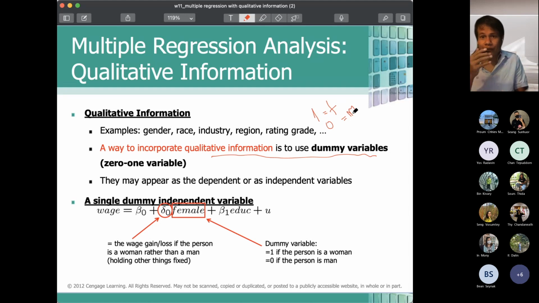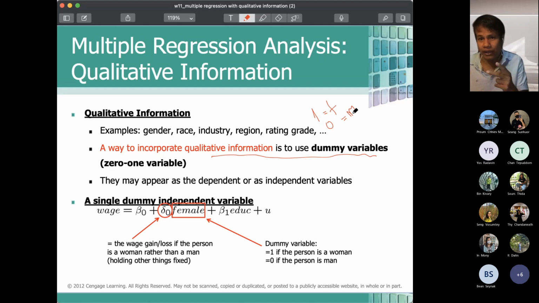So again, we start with a variable with 2 categories. You may ask, what if a variable contains more than 2 categories? We will discuss that next. So we start with a variable with only 2 categories, all right?